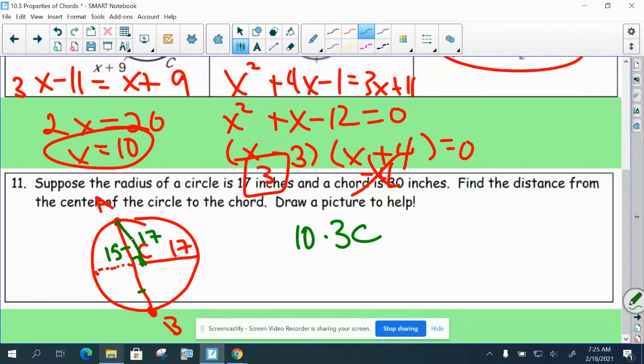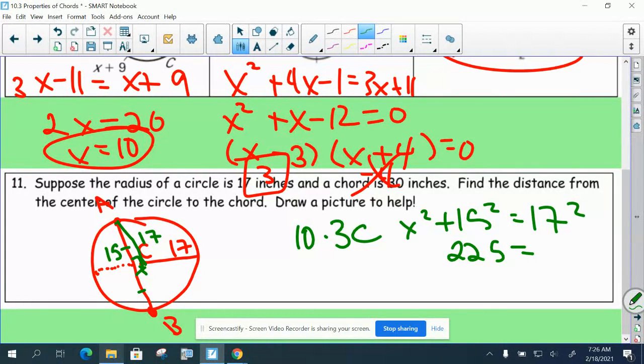Okay, so this is making sense so far because the radius, which is the hypotenuse of this triangle, is the longest side. So we're just going to find this little part right here. So let's set up the Pythagorean theorem. x squared plus 15 squared equals 17 squared. 15 squared is 225.